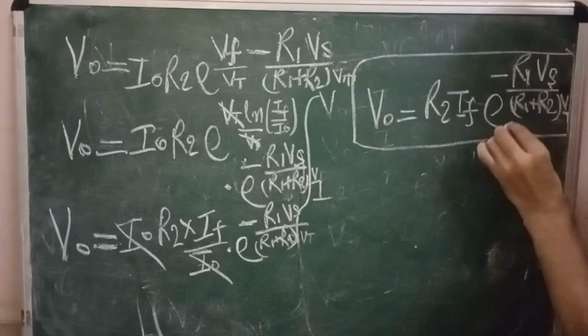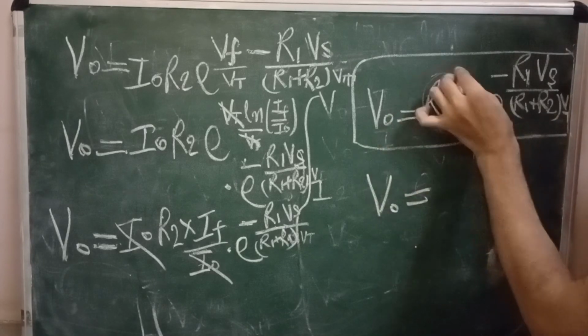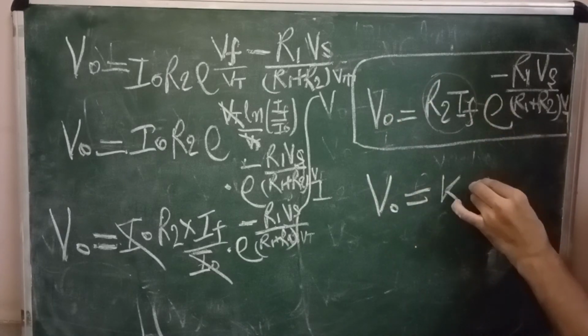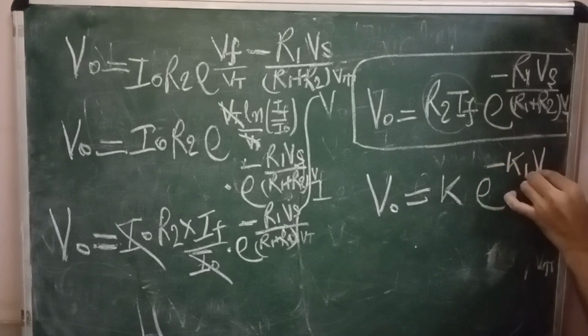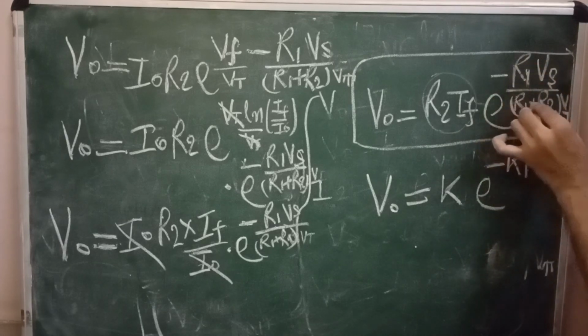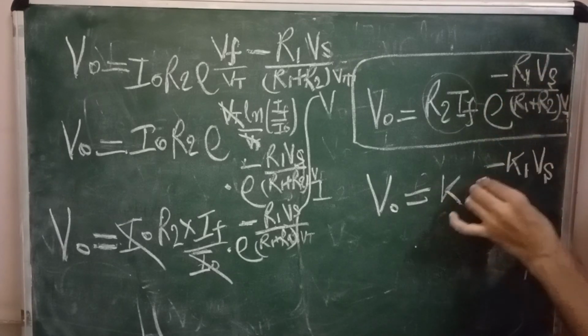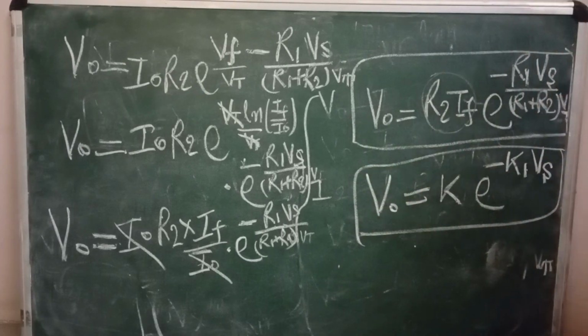So what is the relation between these? Let us assume this as k e to the power minus k1 Vs, where k1 is equal to R1 by R1 plus R2 into Vt, and this is k. What is the exact relation? Anti-log.